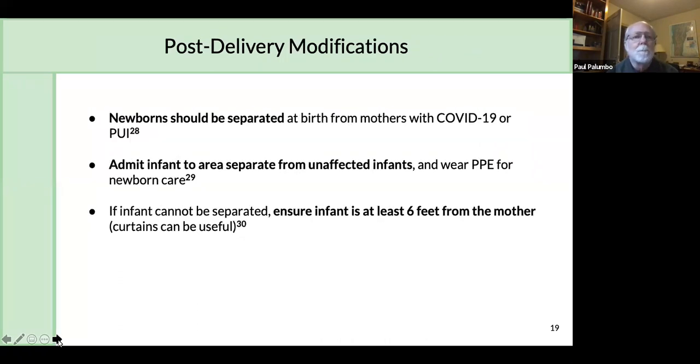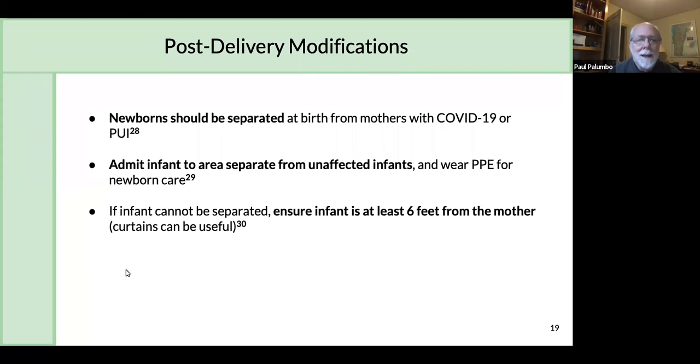Next slide, Ann. So this gets to be a little controversial, but in the United States, we've been pretty aggressive about separating or strongly recommending separation of newborns at birth from their mothers. And these are mothers who have either known coronavirus infection or who are being tested for it because of a heightened concern because of exposure or symptoms.